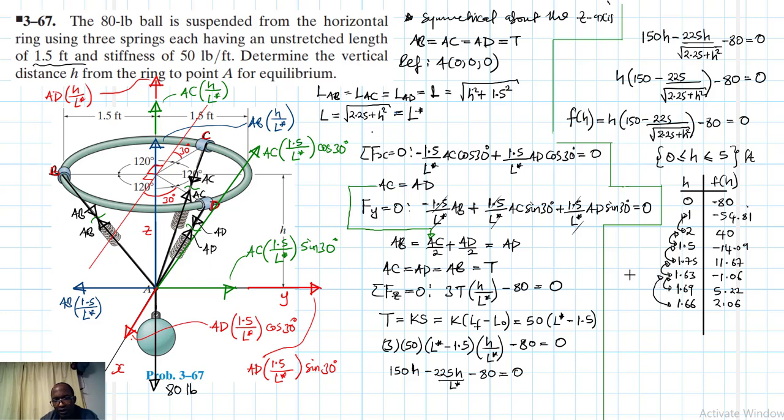These are the ones, which is 1.63 plus 1.66 divided by 2, 1.64. So 2.25 plus 1.64 squared, okay, square root of that, 225 divided by answer, plus 150 times 1.64 minus 80. So this we have a 0.03.